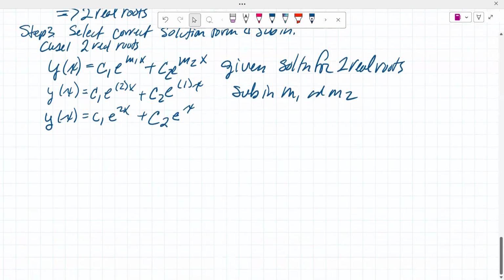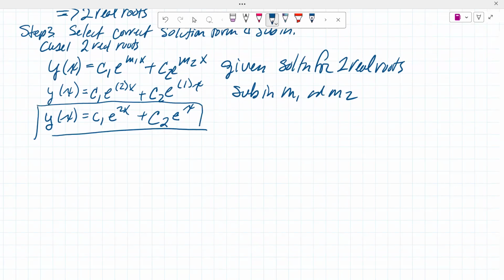Suppose we want to verify the solution. Okay, so here's the answer. Verify the solution. How does that work?